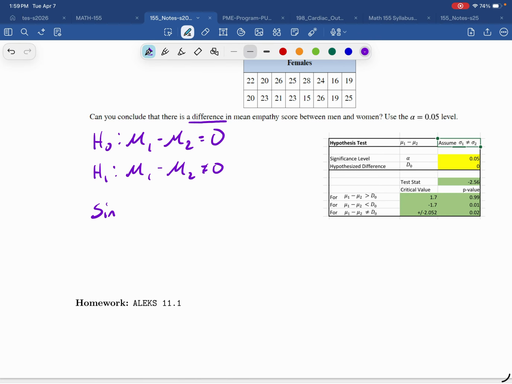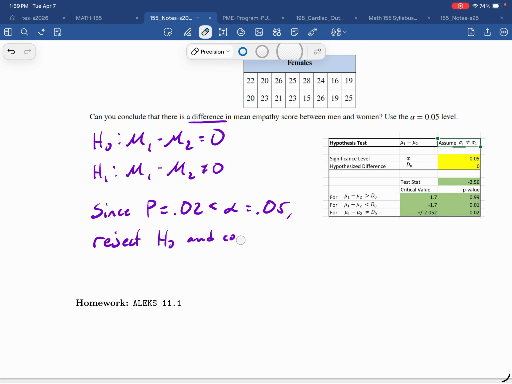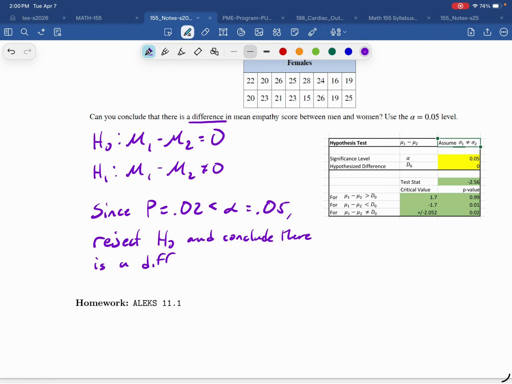And then we'll say, since our p-value equals 0.02, which is less than alpha, which equals 0.05, we reject the null hypothesis and conclude there is a difference between average male and female empathy scores. All right, that's what we've got.